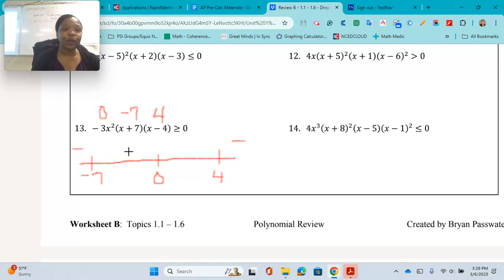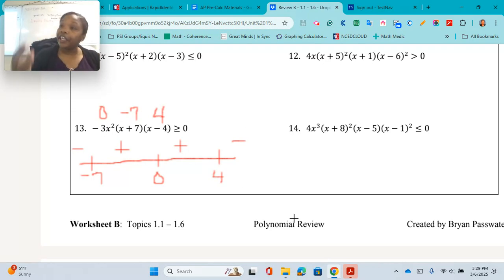When we go to negative 7, the multiplicity is 1, so if this is negative, this would be positive. When we go to 0, the multiplicity is 2, so if this is positive, this would be positive. And then at 4, it is negative.